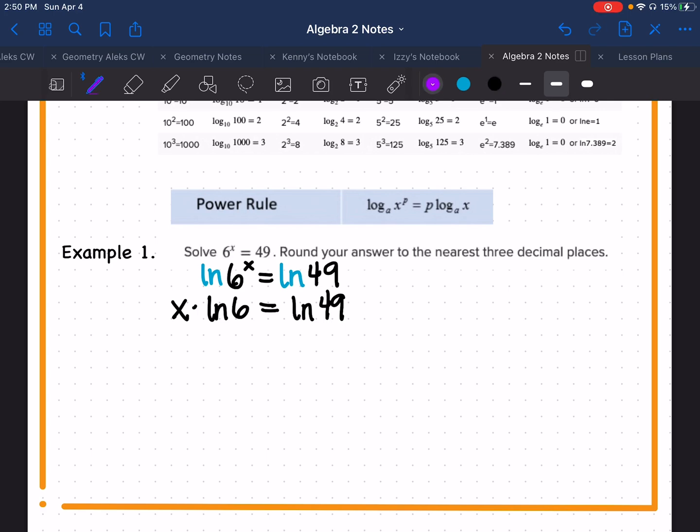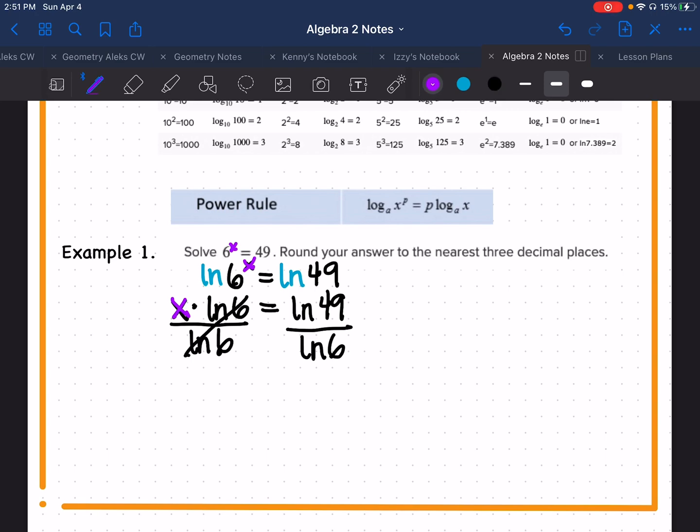Since I have my x all alone, which is what I want to do, all I have to do is solve. Because I want to get rid of that multiplication, I'm simply going to divide. I am going to divide by the natural log of 6 because that will cancel this out.